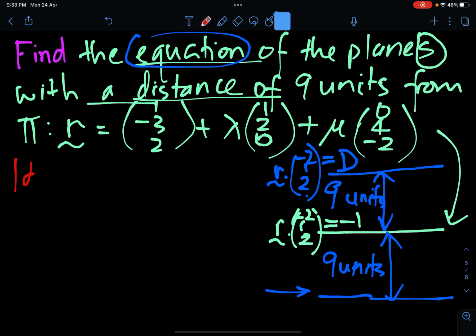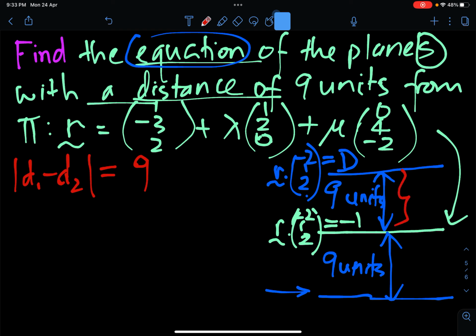We know that D1 minus D2 is the distance between two planes. If you want a recap of how I arrived at D1 minus D2, you can refer to the video called Vectors Distance Between Two Planes. So D1 minus D2 is 9, because it is the distance between the two planes, which is 9.